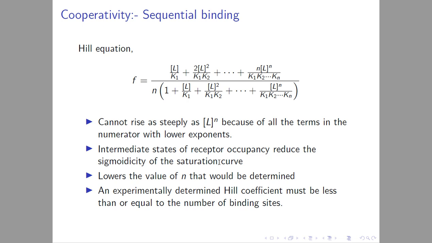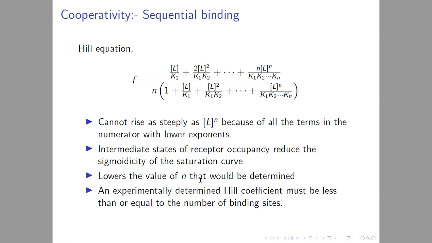Okay, so let's say we have one binding site already occupied. So the next ligand needs to find the other free site to bind to the protein. Okay, so this will reduce the speed of binding, or not the speed of binding, but the speed of all the binding sites being occupied.